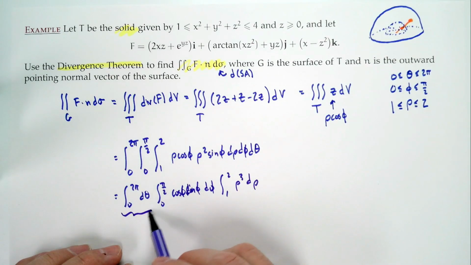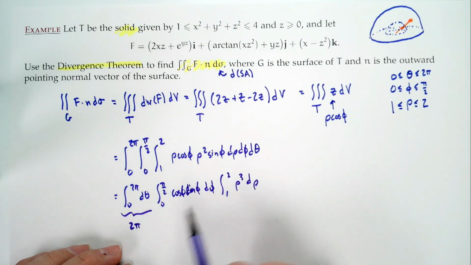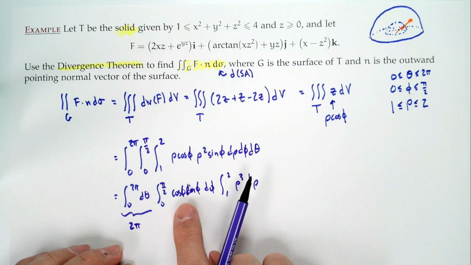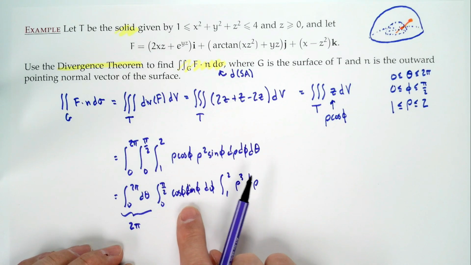The first integral is 2 pi. Now the second integral, you have a whole bunch of things you can do. You can do a double angle and say, oh, this is like 1/2 sine 2 phi, and then you can integrate that and get negative 1/4 cosine 2 phi. Or you can do a substitution.